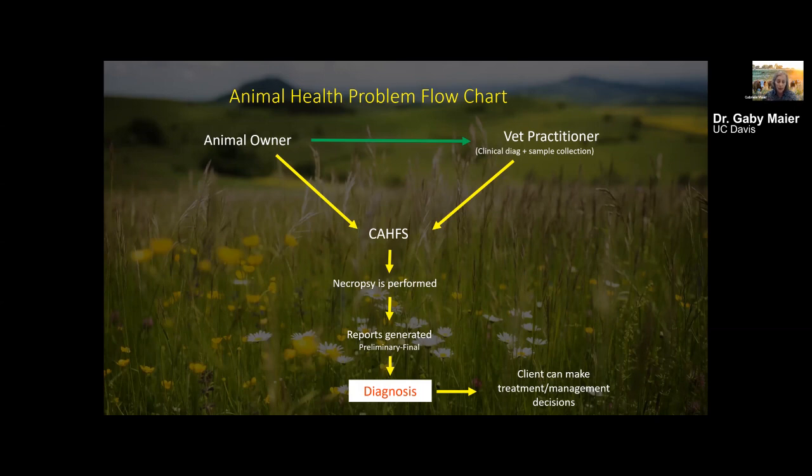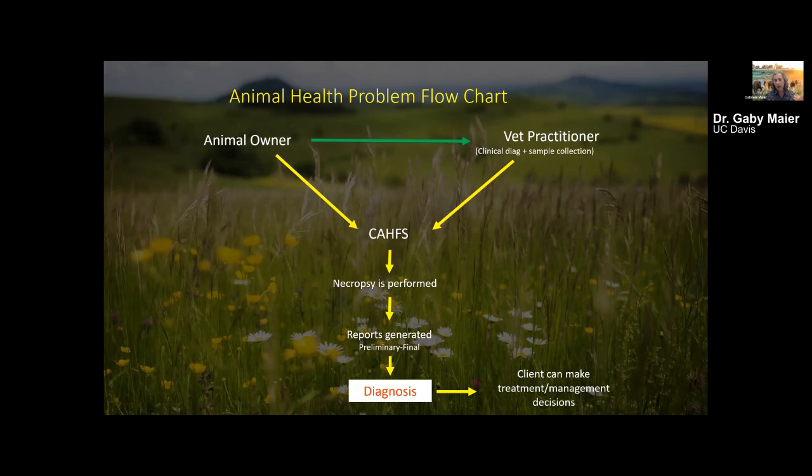At the CAHFS lab, a necropsy is then performed and they generate reports. And there are actually multiple reports typically on a case. When they first open up the carcass and look at the organs and everything, they may have a preliminary idea of what could be the case, and they will give you a report of that first step. But then there are follow-up tests.